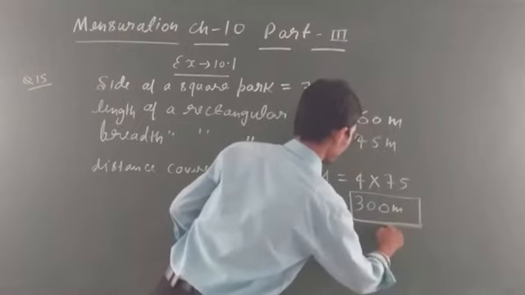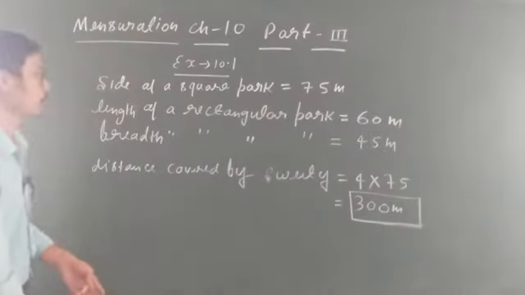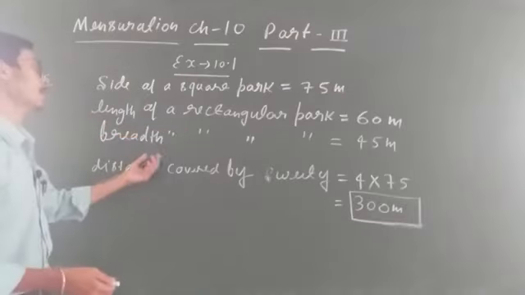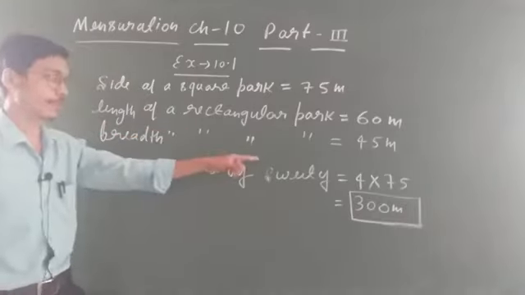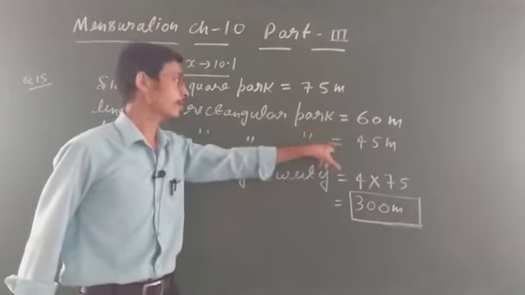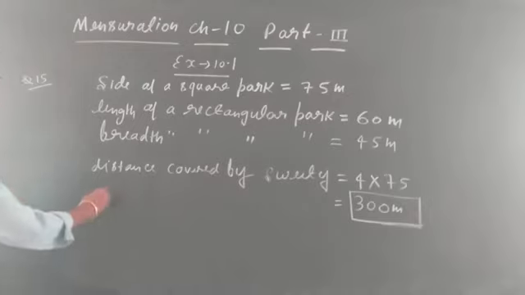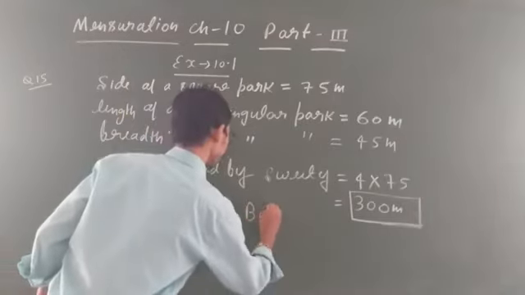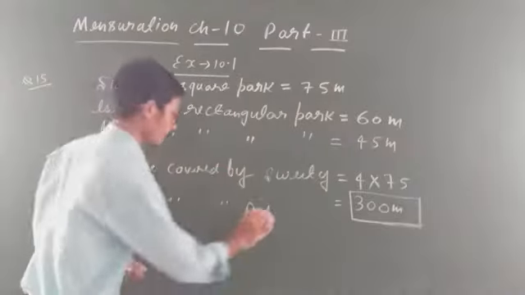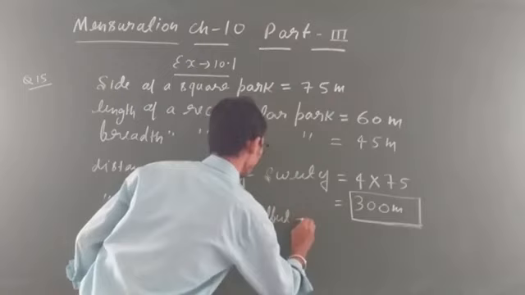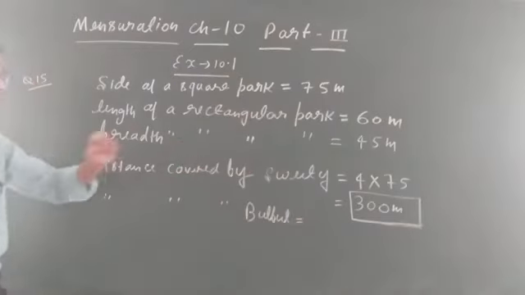Now next is the distance covered by Bulbul. The length of the rectangular path is 60 meter and the breadth of the rectangular path is equal to 45. This is the information given for Bulbul. So you can write down distance covered by Bulbul is equal to, now we know this is the length and breadth of a rectangle.